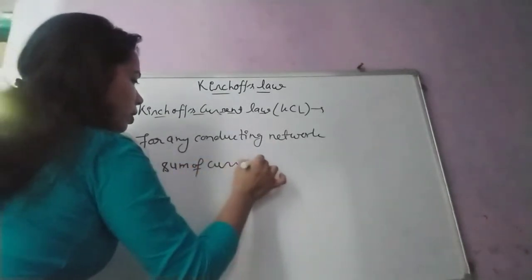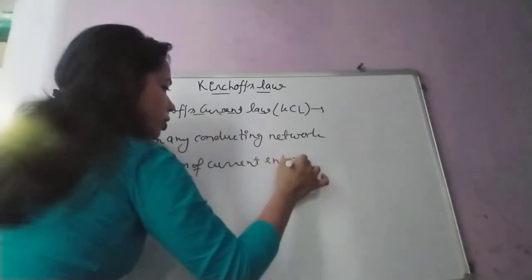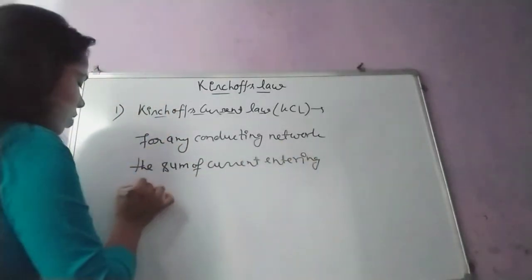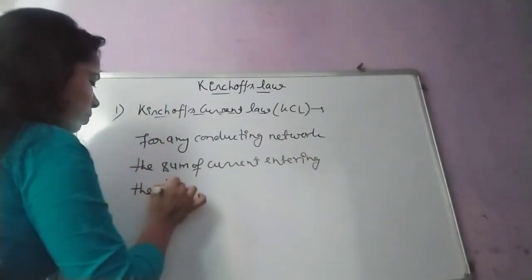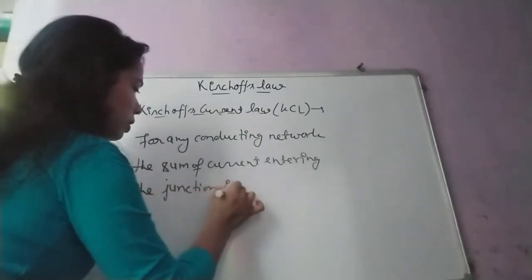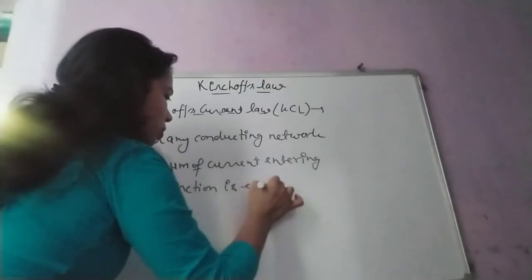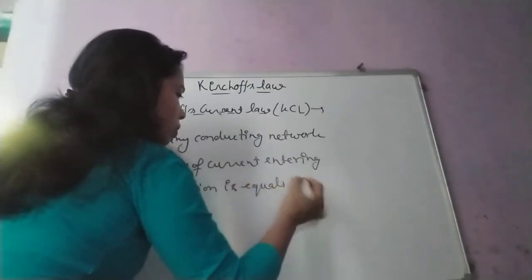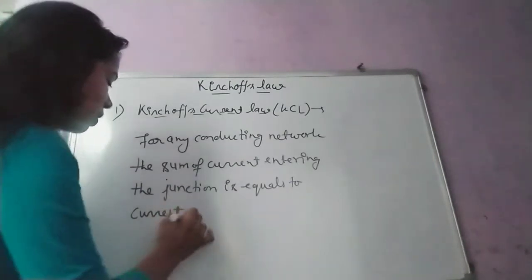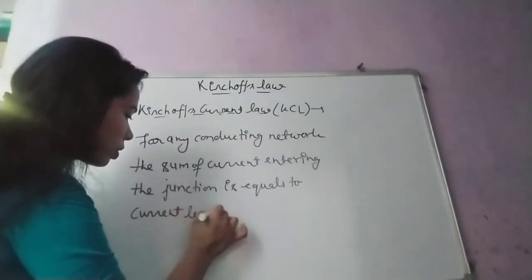current entering the junction is equal to current leaving the junction.